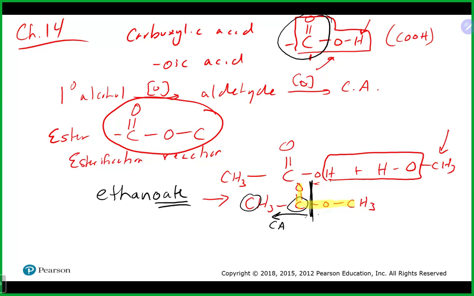Remember, if you go away from the carbon-oxygen double bond to the single oxygen, that's going to be your alcohol part of the compound. And the alcohol is just named as a group. In this case, we have a one-carbon group, and that's a methyl. We would end up with methyl ethanoate. So again, "oate" is how we name those esters.